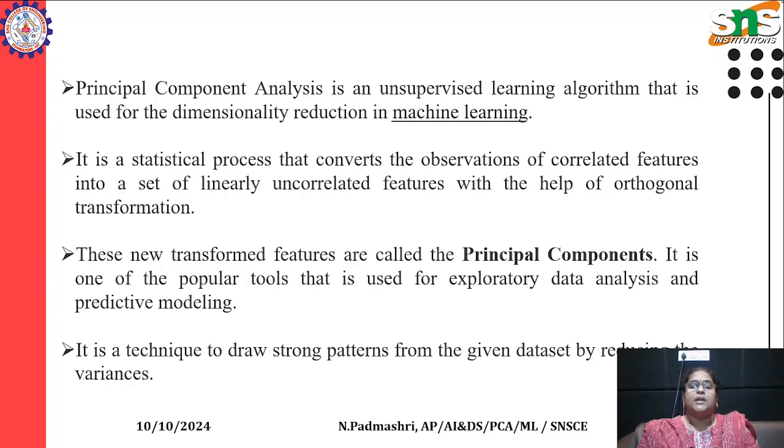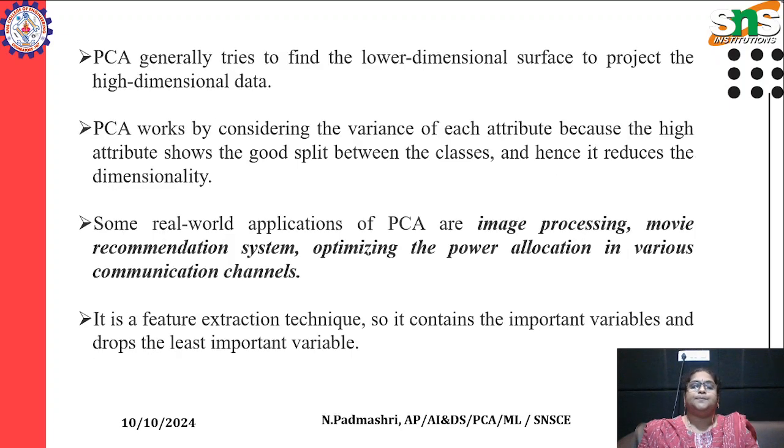These new transformed features, we call them principal components. It is one of the popular tools used for exploratory data analysis and predictive modeling. It is a technique to draw strong patterns from the given data set by reducing the variance.